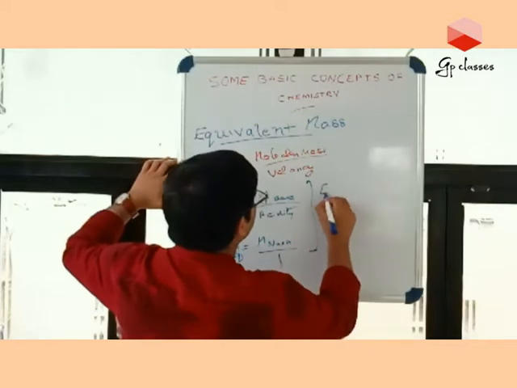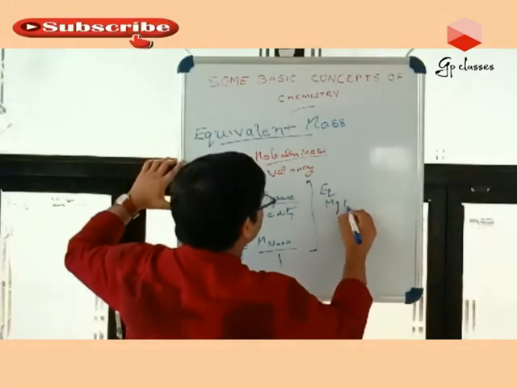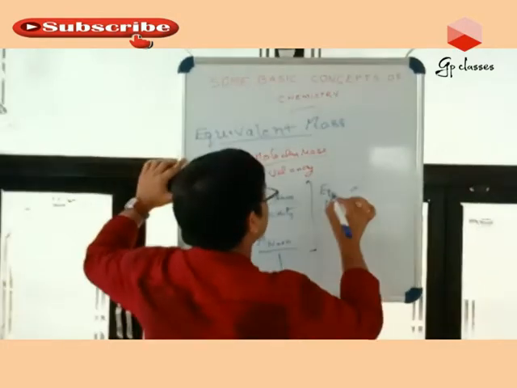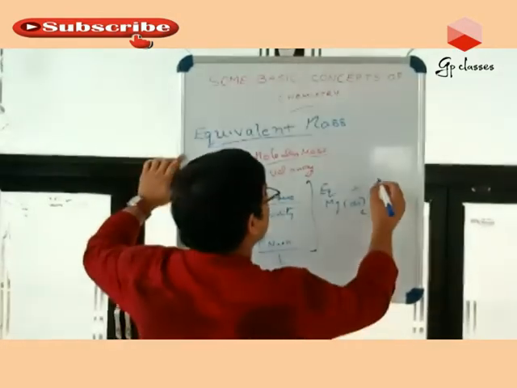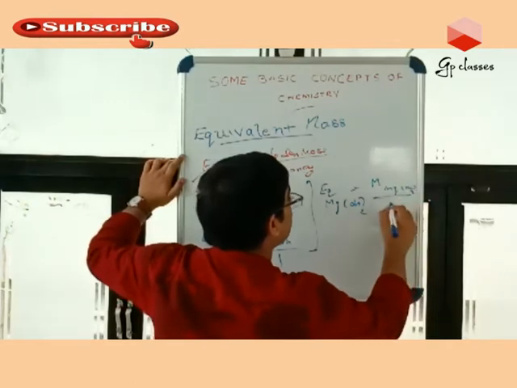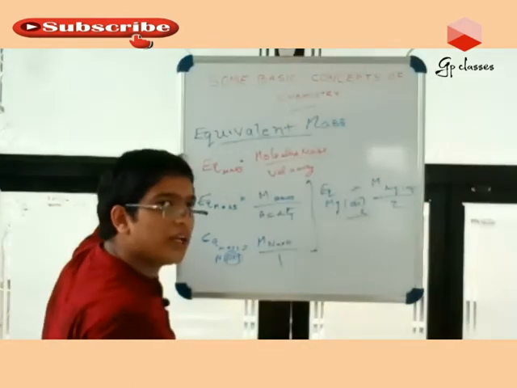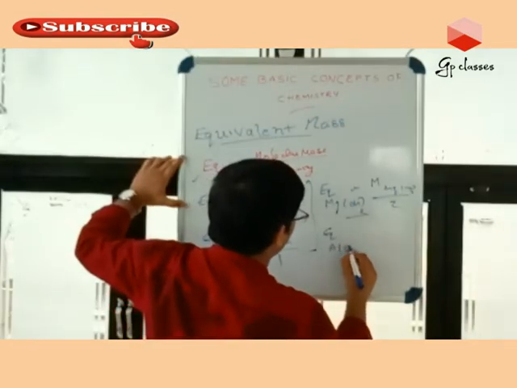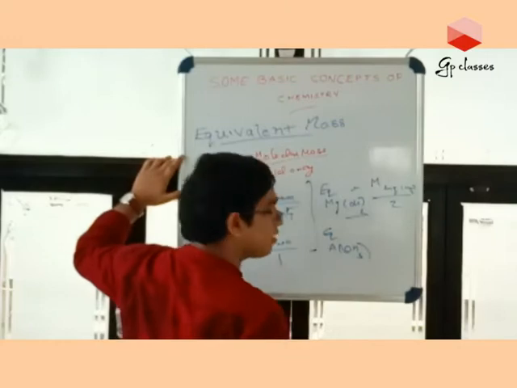Let's take the next example: the equivalent mass of Mg(OH)2, magnesium hydroxide, which we call milk of magnesia. Equivalent mass is mass of Mg(OH)2 divided by 2, because we have 2 ionizable OH-. Let's take the equivalent mass of Al(OH)3, aluminum hydroxide.